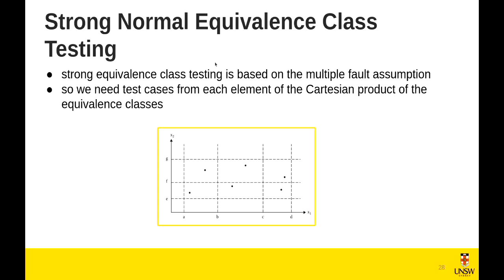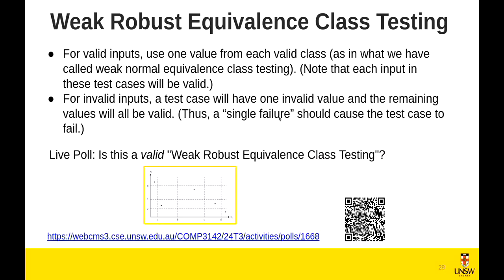Because we still don't do robustness testing, we only care about the valid inputs, and we should cover all the combinations of the different equivalence classes for different variables. In this case, we have two variables, one of them has three equivalence classes and one of them has two, so in total we have 3 times 2, which is 6 test cases for strong normal equivalence class testing.